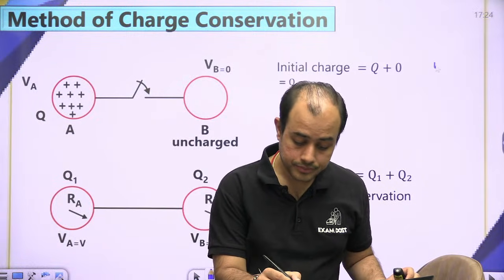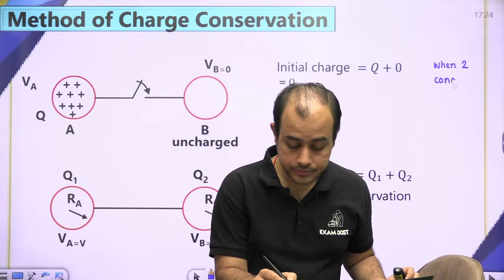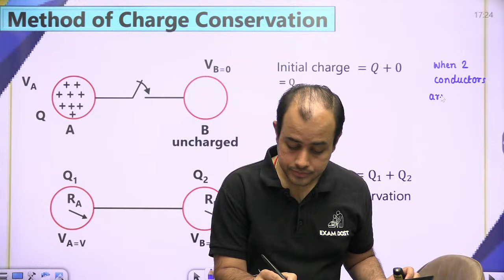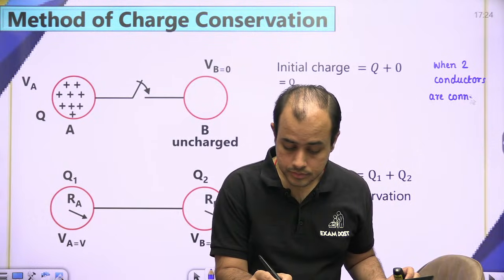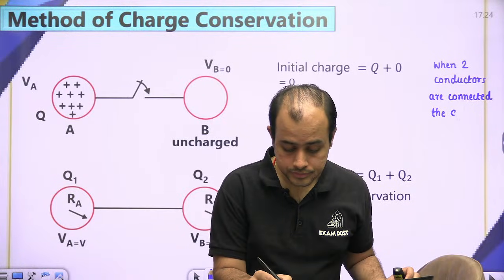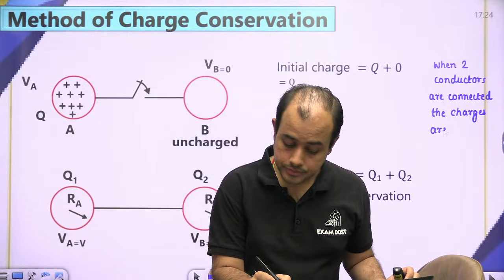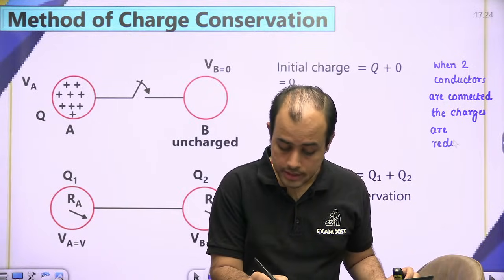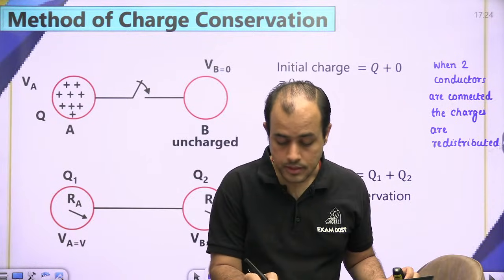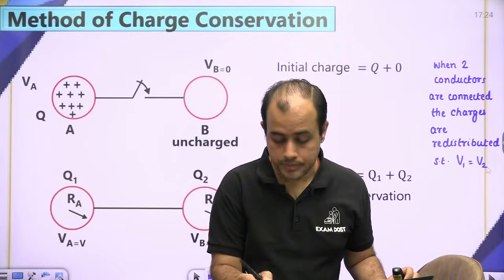So, when two conductors are connected, the charges are redistributed such that V1 equal to V2.